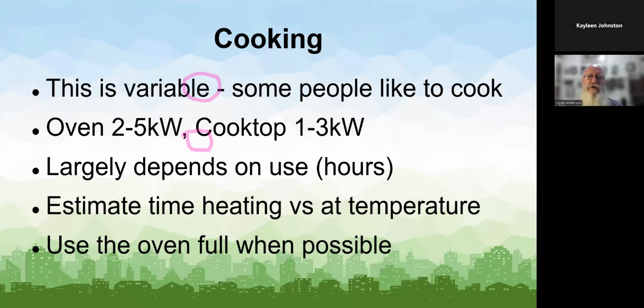It depends on how many hours you use your cooker and the time heating or at temperature, and obviously simmering, or when your oven's got to temperature, it's not heating at all, it's just sitting there. So the efficient way of cooking is to use your oven as full as possible when you are cooking, so that the heating of the oven is used for multiple dishes.